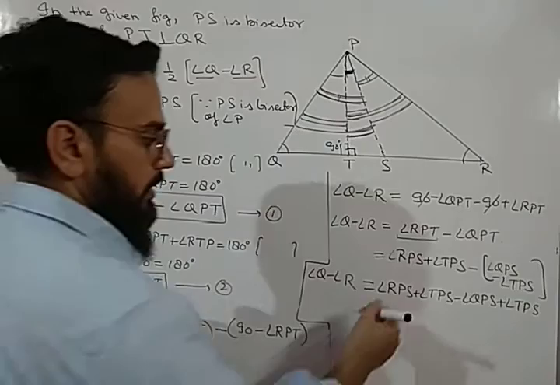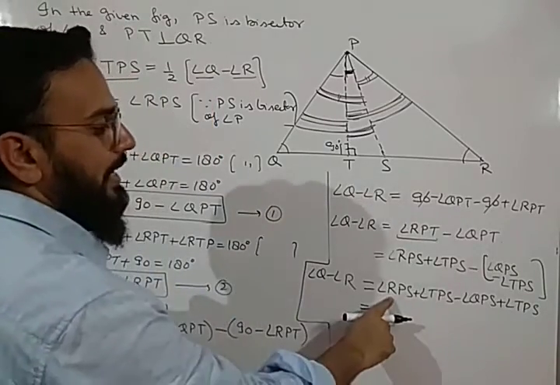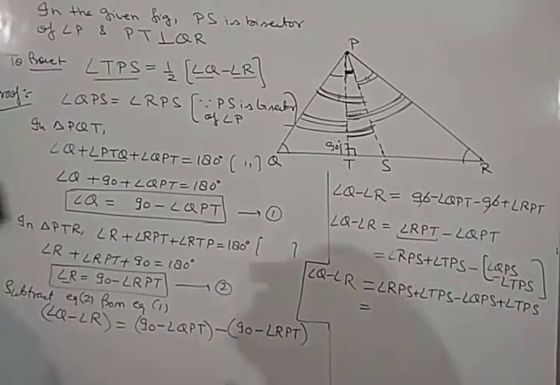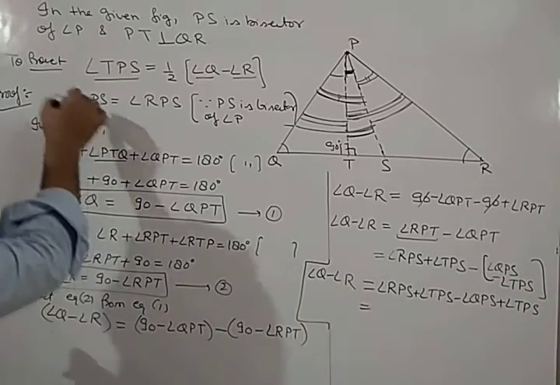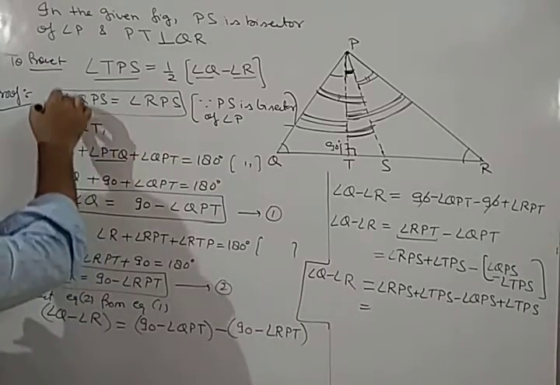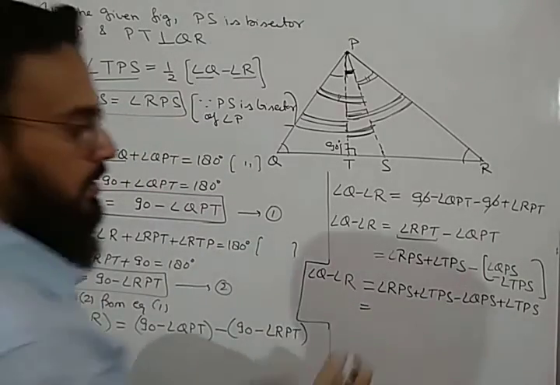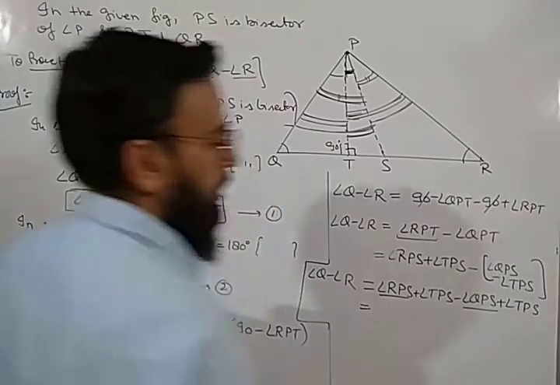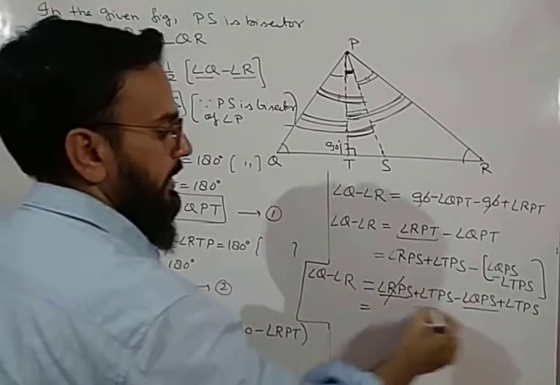Now if we look at this term, angle RPS and angle QPS, from the first statement, angle QPS is equal to angle RPS. These two angles are equal. It means these two will be cancelled out.